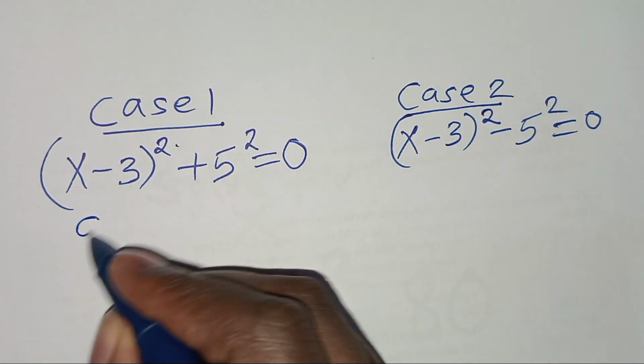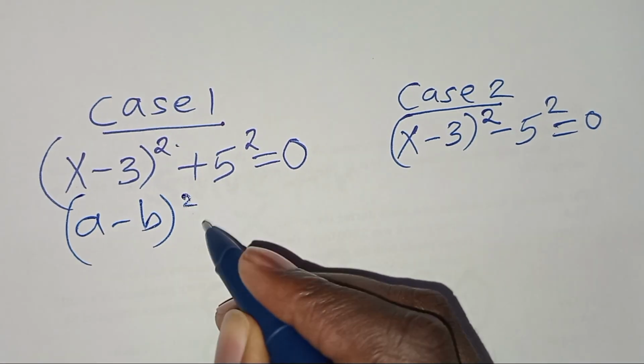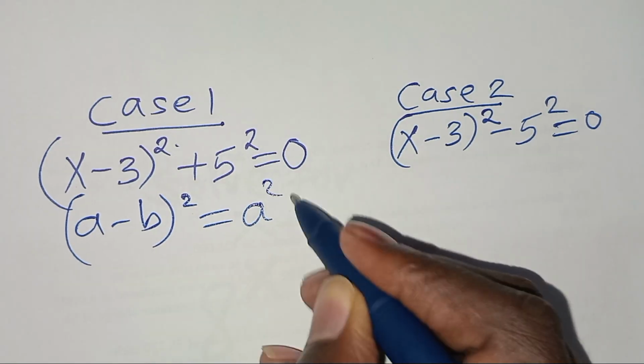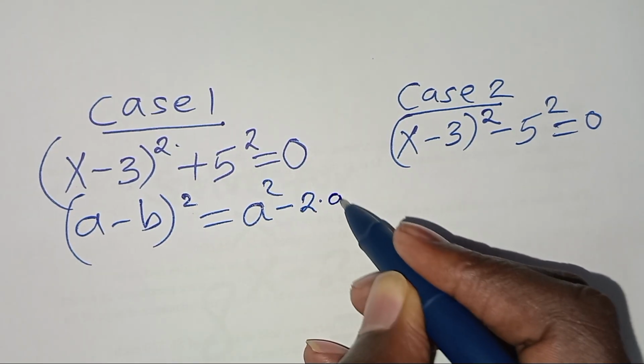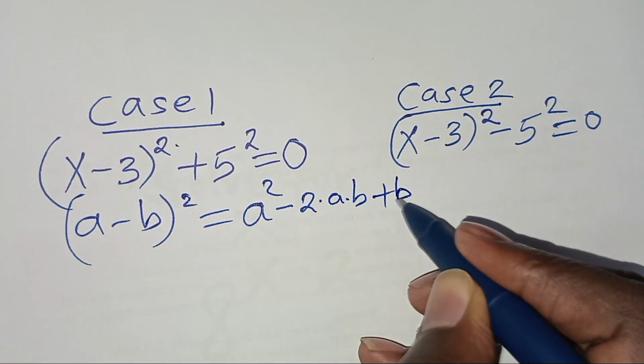Actually, this is in the form of (a − b)^2, which is the same thing as a^2 − 2ab + b^2.